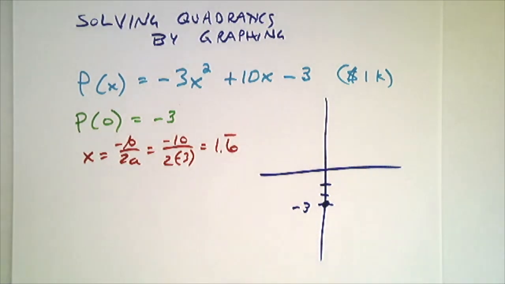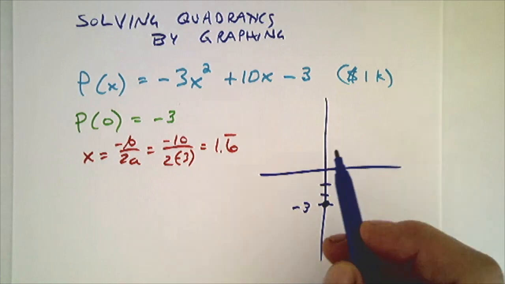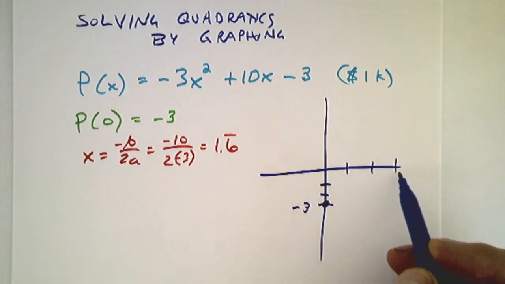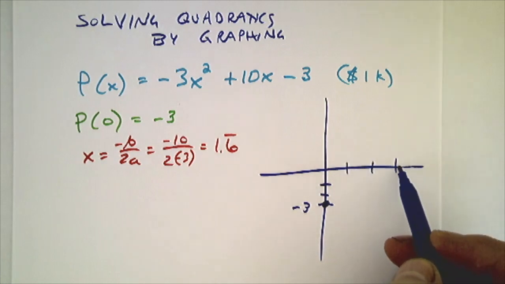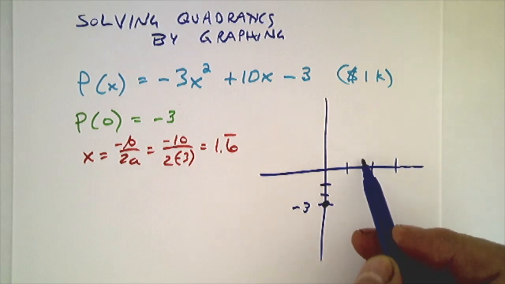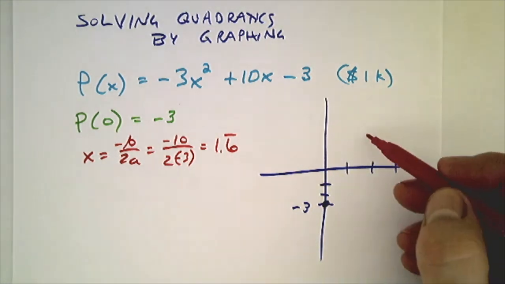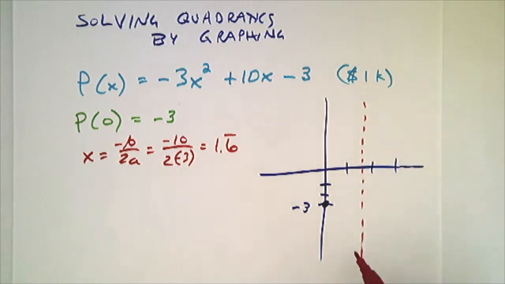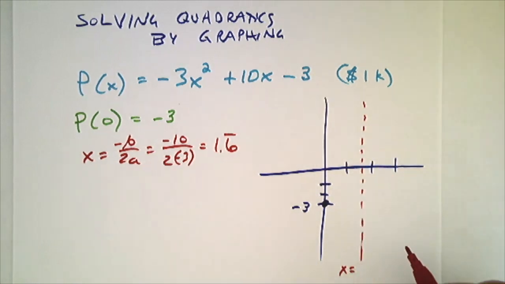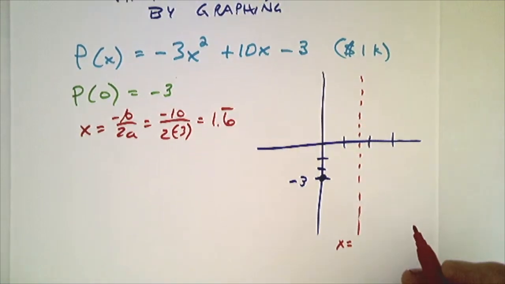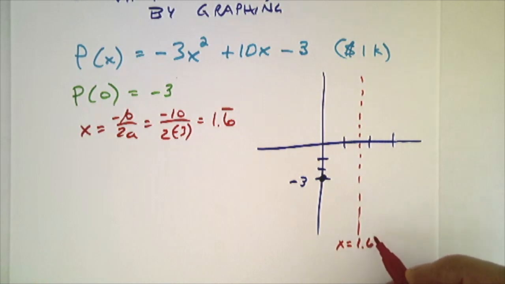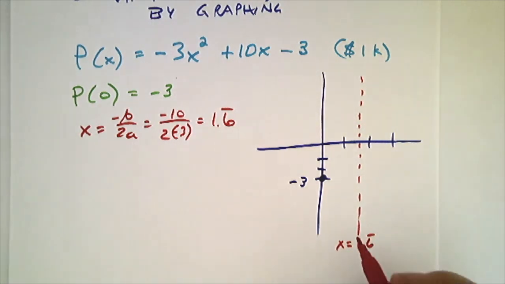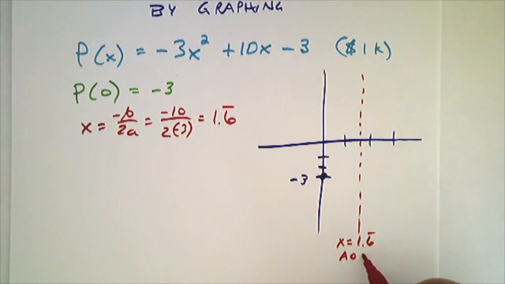So that's the number we would put here. So 1.6 is right about there. 1.6 is our axis of symmetry, x equals 1.6 repeating. And that's the axis of symmetry.